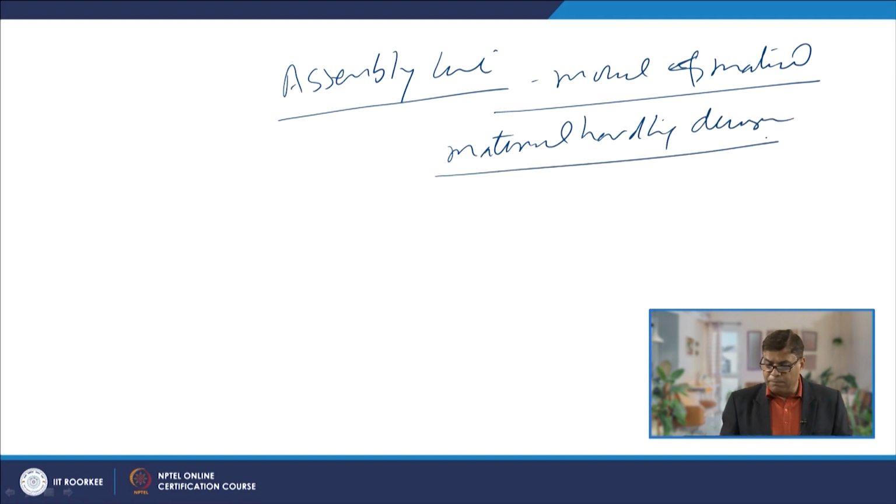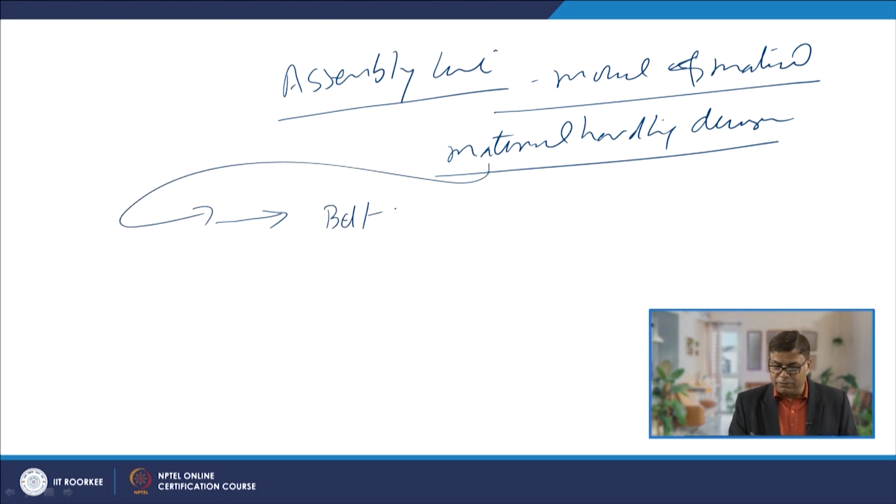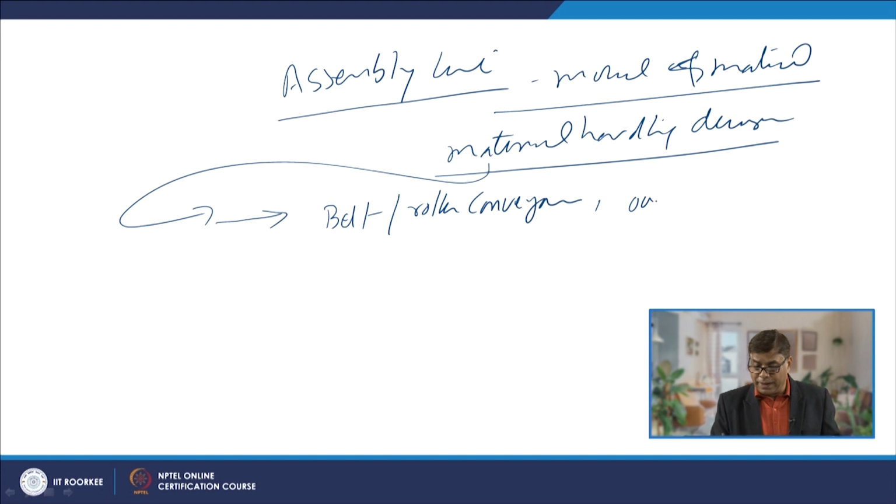Depending upon the type of material handling device used, the product lines are classified in different ways. In the assembly line, the material handling devices can be in the form of belt or roller conveyors. It can be like overhead cranes.